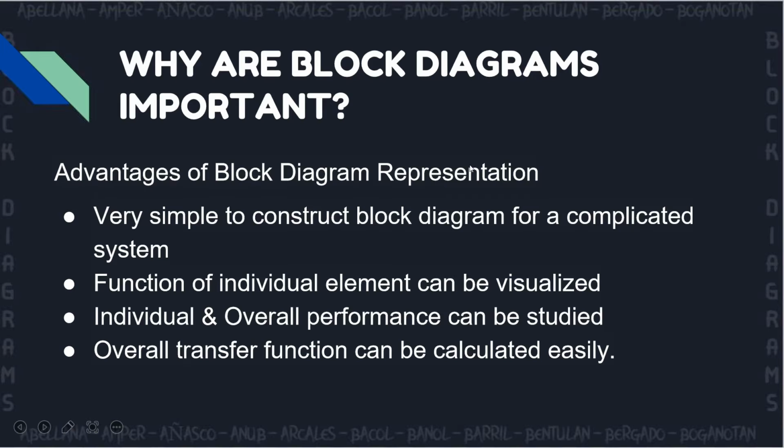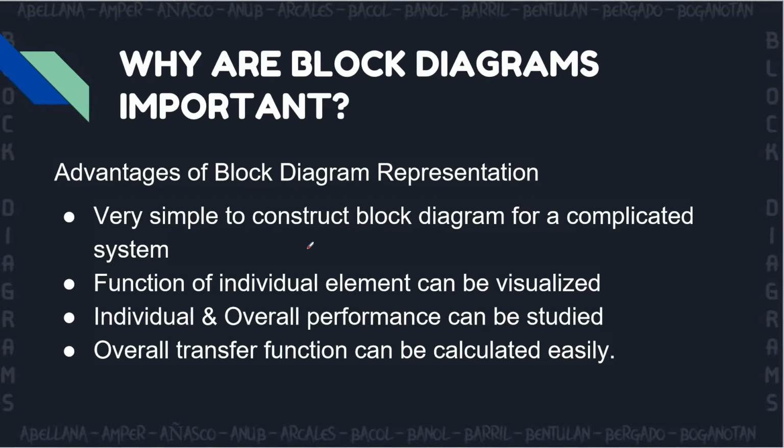Another advantage is that the function of each individual element can be visualized. Individual and overall performance can be studied, and the overall transfer function can be calculated easily. As we see, using block diagrams has great advantages, but the turning point is that you need to know the exact process so that you can model your system.